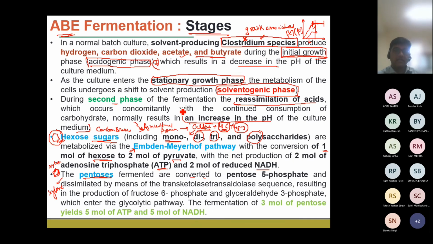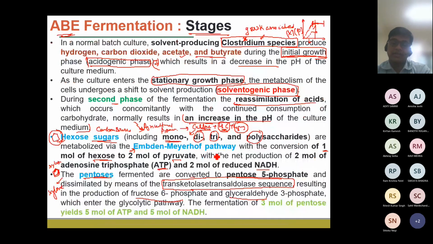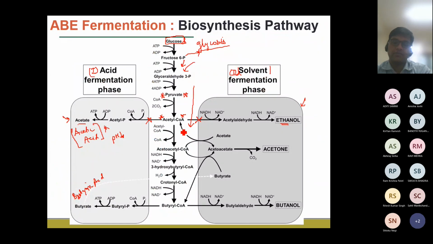Here, if you have the pentose, generally it is converted to pentose 5-phosphate, and then it is processed by the transketolase-transaldolase sequence. After these chemical reaction steps, it is used for the production of fructose 6-phosphate and glyceraldehyde 3-phosphate. At the point of fructose 6-phosphate it enters the biochemical pathway, follows the similar route for production of acetyl CoA, and from there it comes to the branch point.